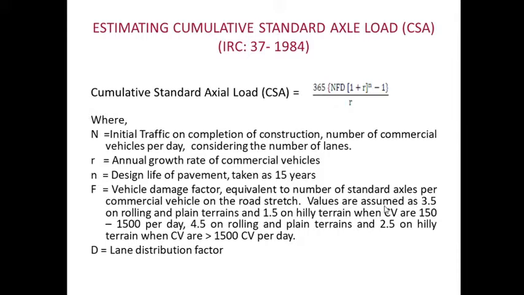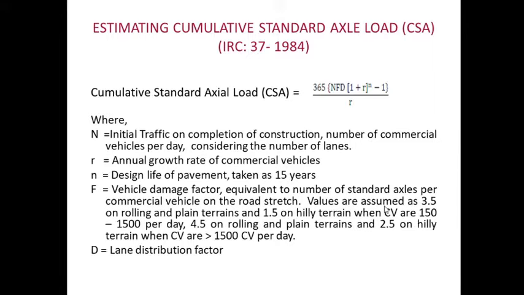Then n is the design life of the pavement, taken as 15 years for flexible pavement and 20 years for rigid pavement. Then F represents the vehicle damage factor, equivalent to the number of standard axles per commercial vehicle on the road stretch.